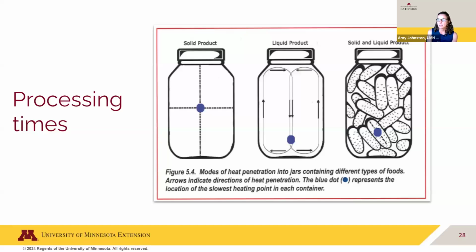And you can see the slowest point to heat is towards the bottom third of the jar. Again, there are going to be some heat currents in that liquid, but they're going to be interrupted by the solid foods. So again, a safe recipe is going to have a processing time that has taken this all into consideration and testing.